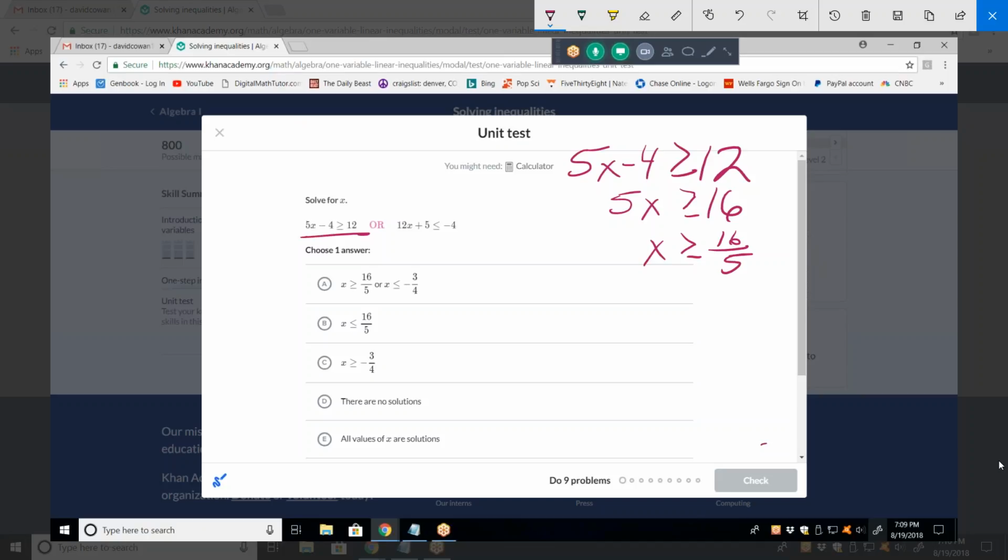Could be A, definitely not B, not C. There are no solutions. We may have to solve the rest of it to figure out whether there's any solutions. I'm inclined to think the rest of it's going to give us A as the answer. But let's just go ahead and solve this one.